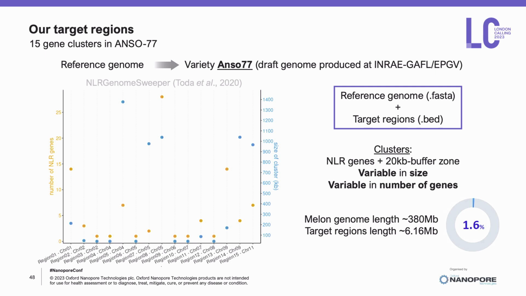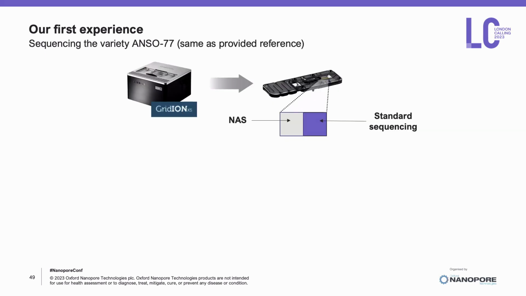And these clusters, we can see in the figure, are very variable in terms of size of the cluster and also in terms of number of NLR genes. But what is the most important is that all the clusters together have a size that is around 2% of the whole melon genome, concretely 1.6%. And also for each cluster, we give a 20 kilobase buffer zone to ensure that we get the highest coverage in our region of interest.